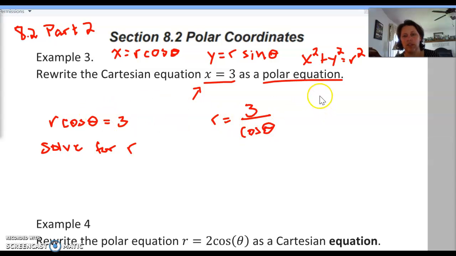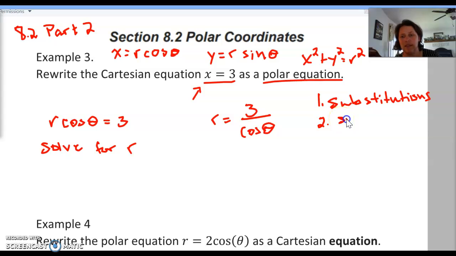So for polar equations, the very first thing that you want to do is any substitutions that you can using the equations that we've talked about before. Okay, then you want to simplify your equation.